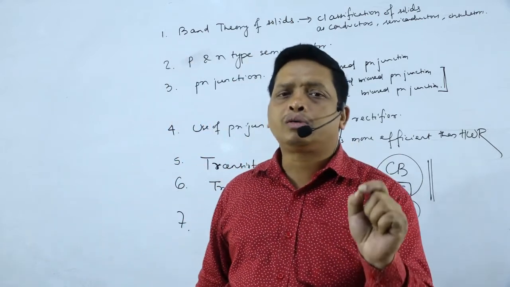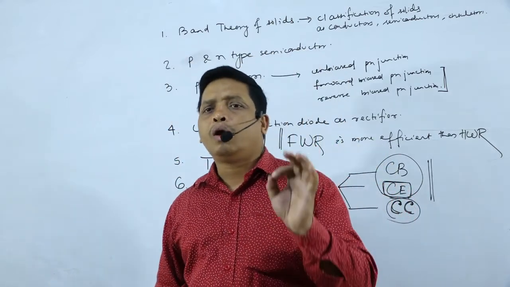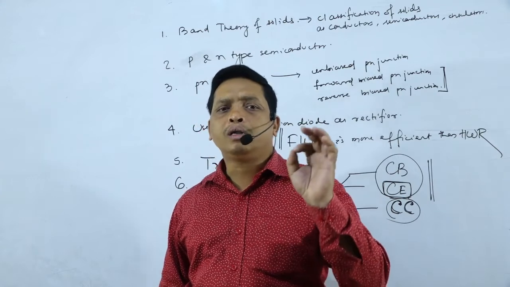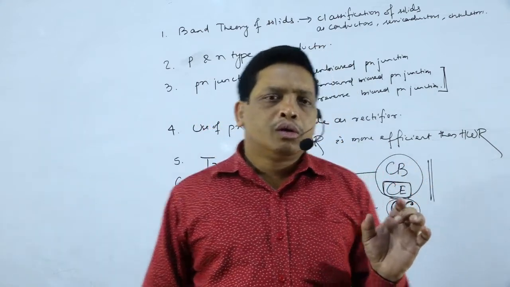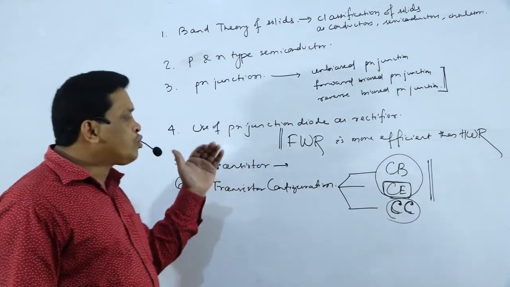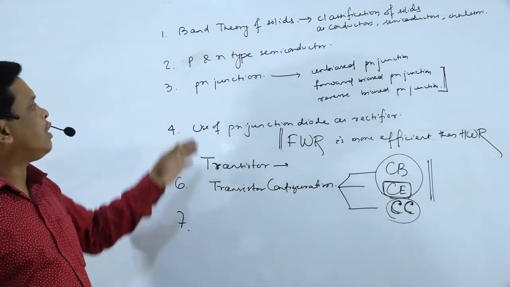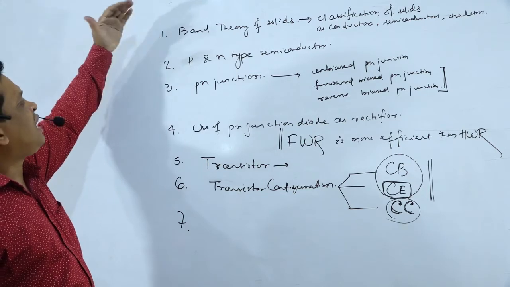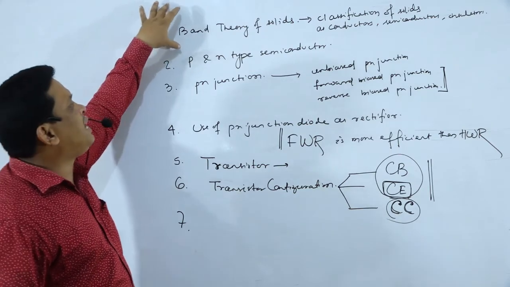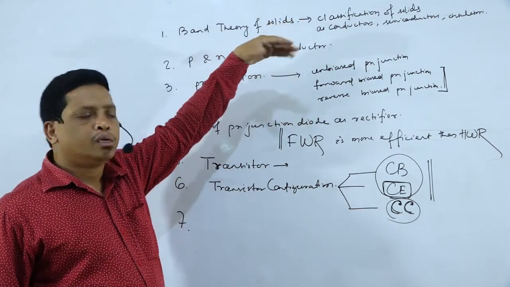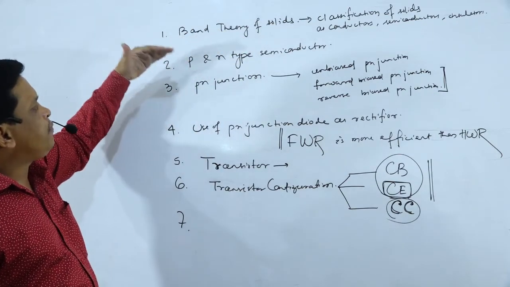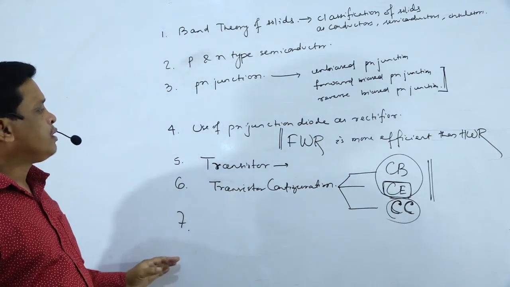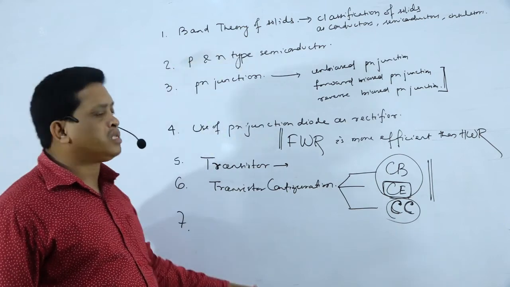Write a short note on photodiode or light emitting diode or Zener diode. So you have to go through all my videos on semiconductors, starting from my first video on semiconductor, that is band theory of solids. Step by step I have explained everything, and you have to prepare yourself accordingly.